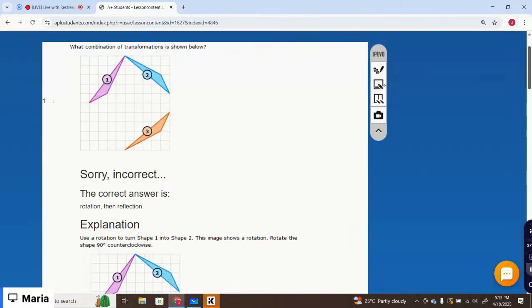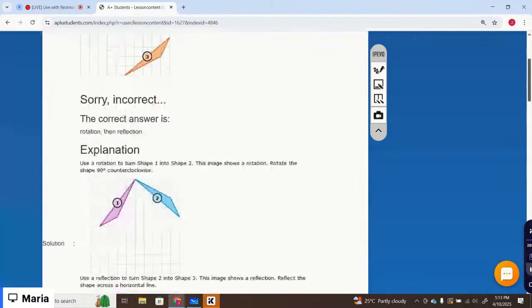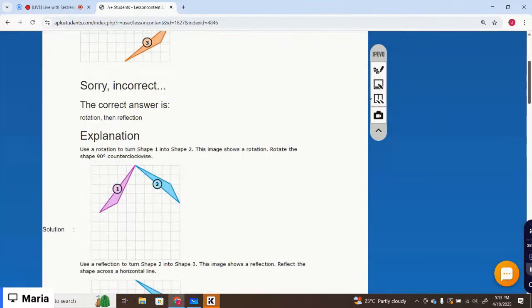So from 1 to 2 and then 2 to 3 we have to see, right? From shape 1 to shape 2, that is the rotation along this point. Rotate the shape 90-degree counterclockwise.